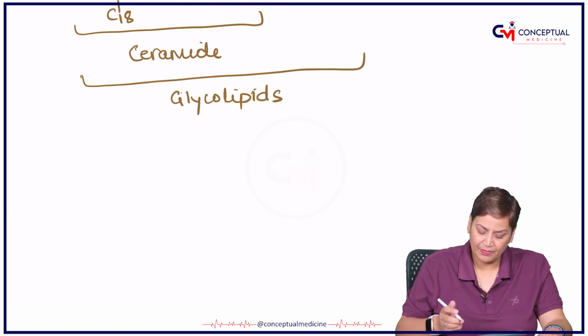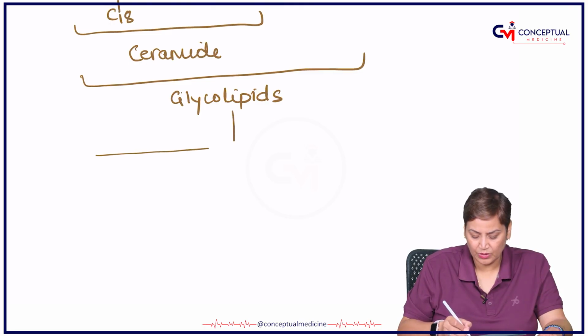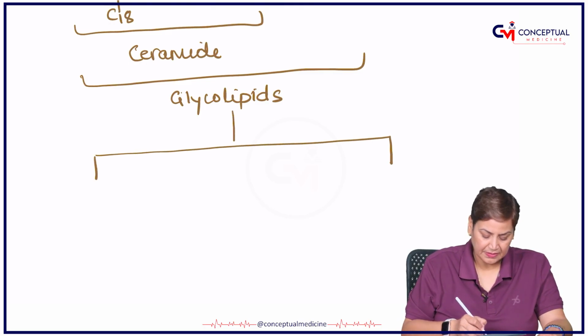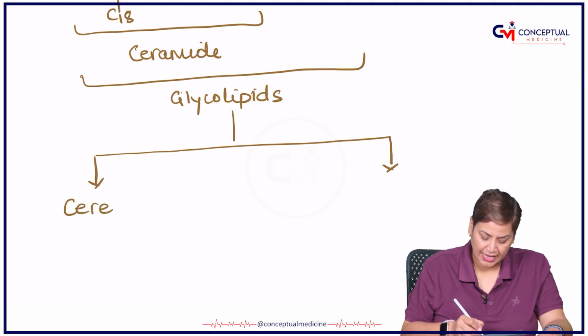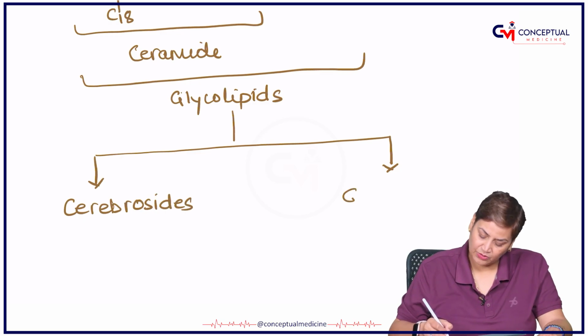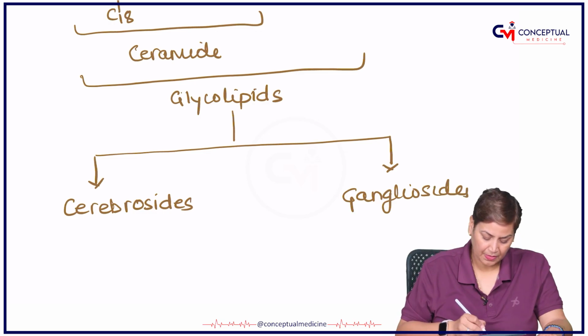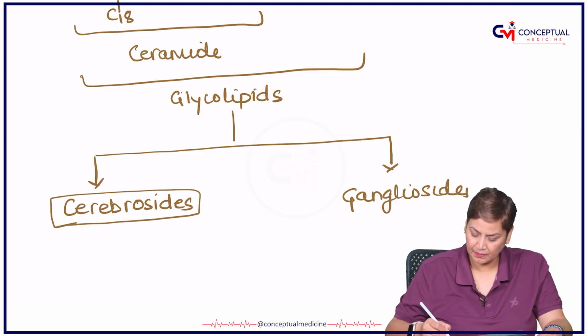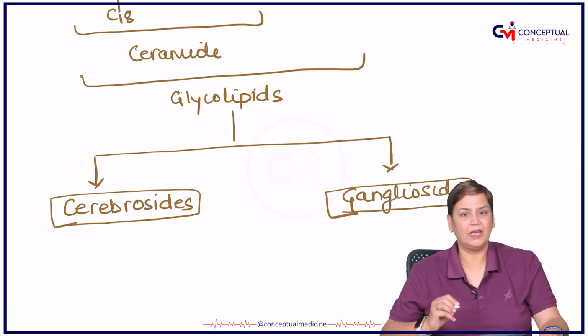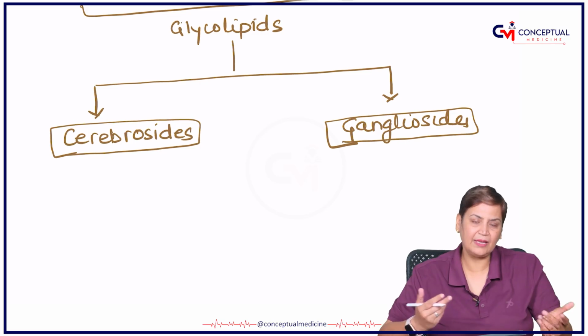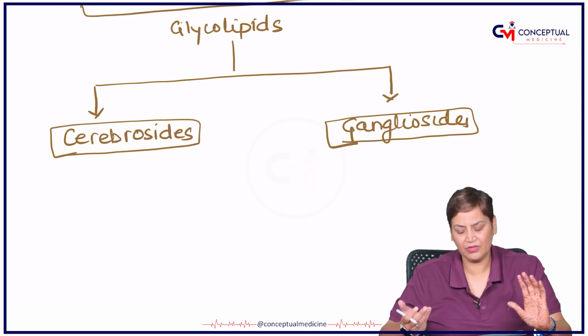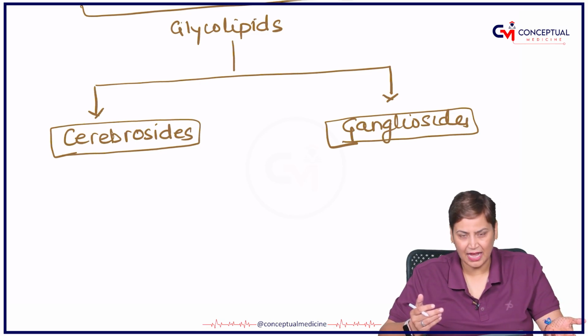And these glycolipids are further of two types. Right? What are these? Cerebrosides and gangliosides. Now depending upon the composition, because as the name suggests, cerebrosides are related with the brain, gangliosides will be lining the ganglions.